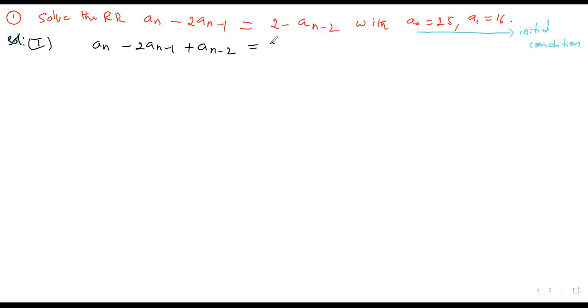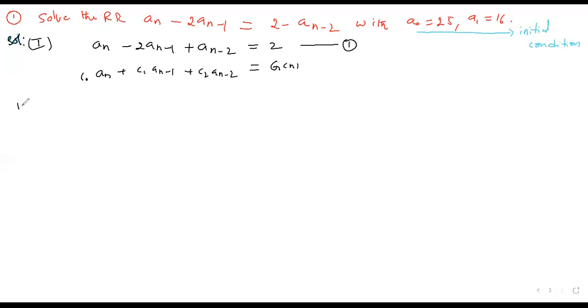Equals constant. Just observe here: all the a terms are on the left side in a particular order, and only constants are on the right side. This right side part is denoted by g_n. That means c_0 a_n plus c_1 a_n minus 1 plus c_2 a_n minus 2 equals g_n. This is the general form, and this is equation 1.